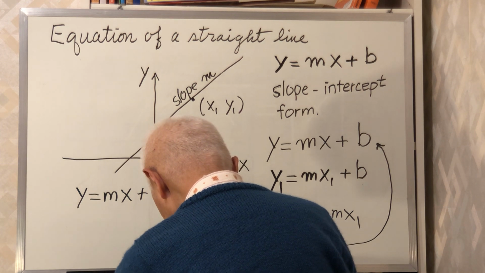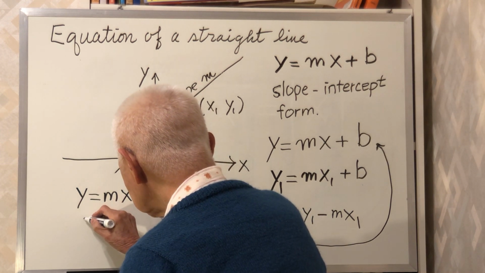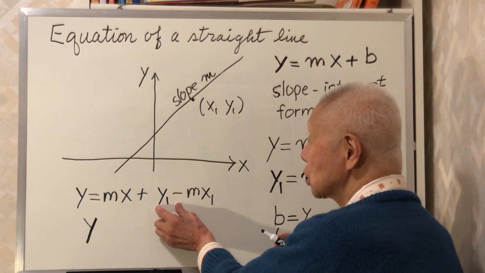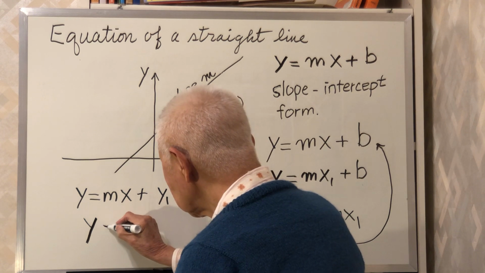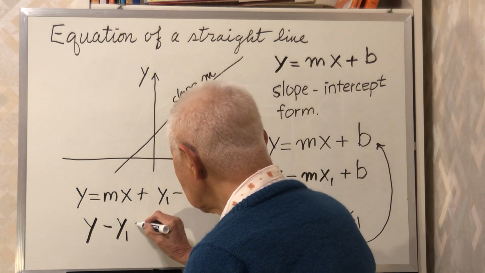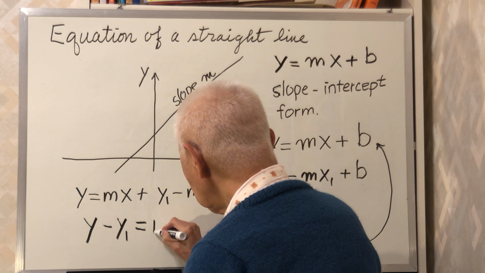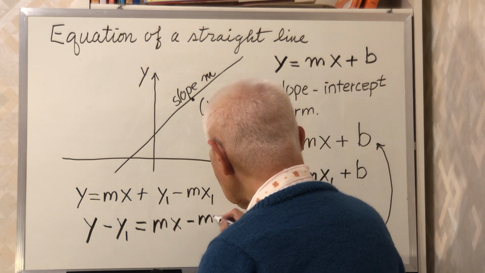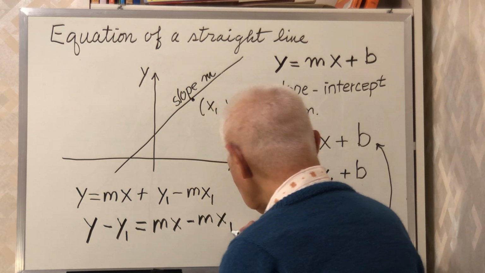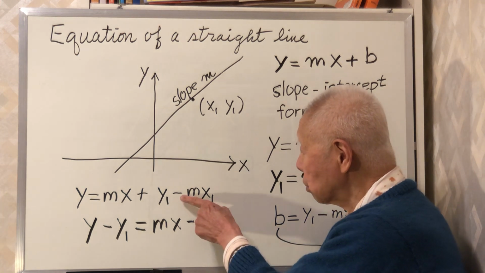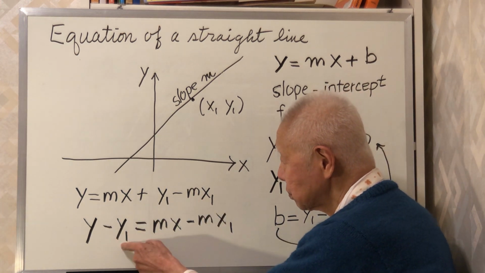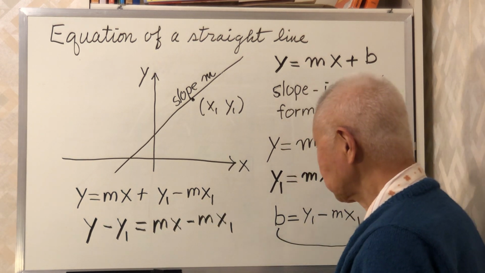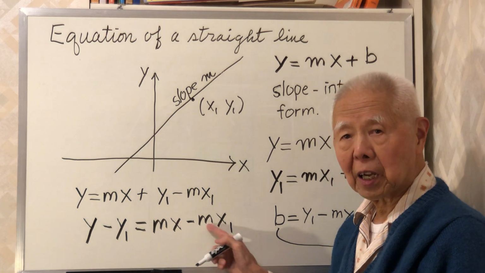I have y. Move this y1 to the left-hand side, equals mx minus mx1. Yeah, you see that? Move this to the left-hand side, and I have mx minus mx1. I have m here.